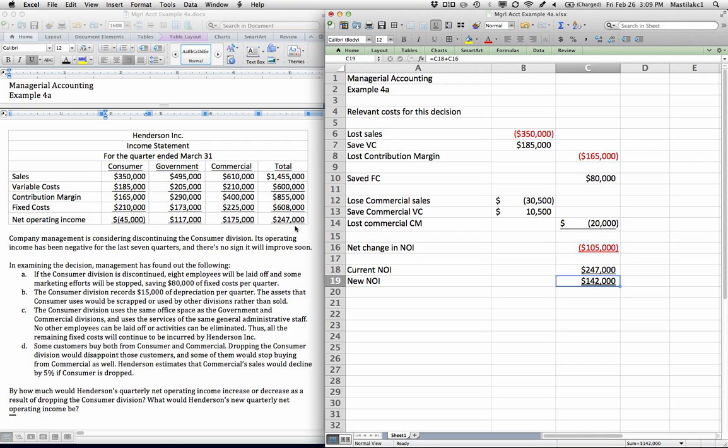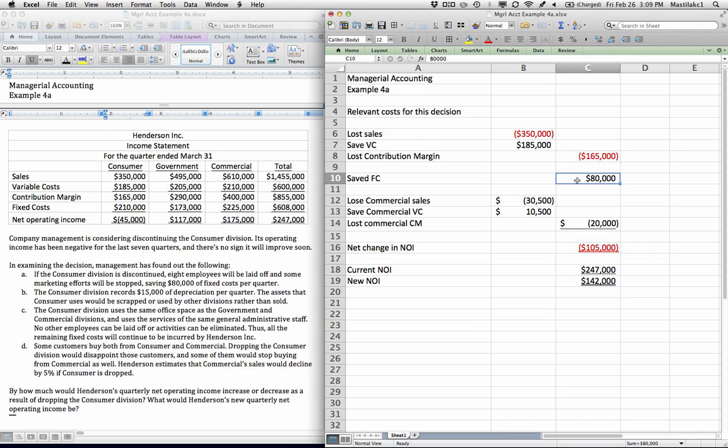Another way to put this is that even though the consumer division looks like it's showing a loss, it really contributes $105,000 of net operating income to the overall business, partly because it supports $20,000 of the total contribution of the commercial division, and partly because it creates enough contribution margin on its own to cover the fixed costs that we would save if we got rid of it.